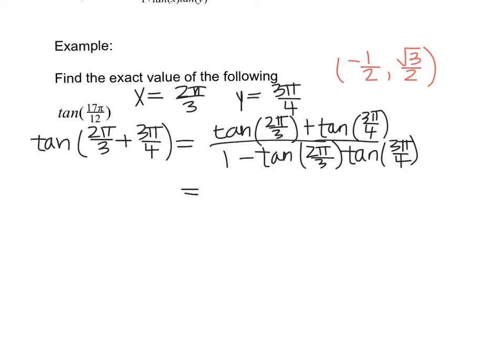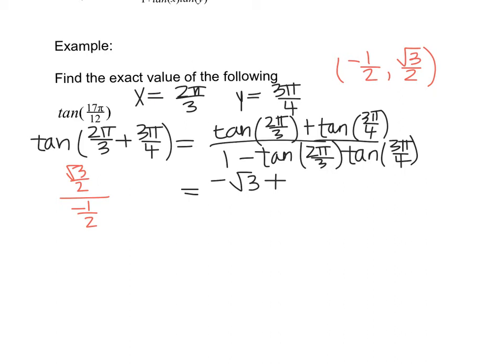So it's going to be radical 3 over 2 divided by -1/2. And as I've stated before, when I'm dividing two fractions with the same denominator, I'm just dividing their numerators. So radical 3 over 2 divided by -1/2 is just negative radical 3, plus tangent of 3 pi over 4.